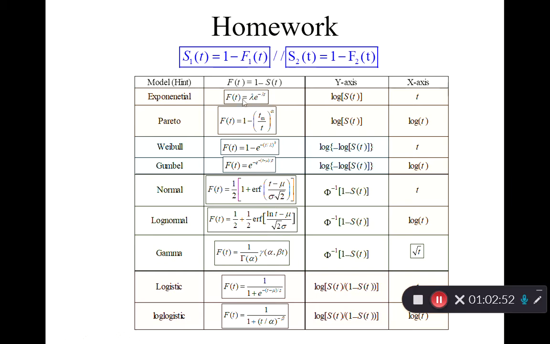This is your exponential function. So if you take 1 minus FT, you get your ST. Take the natural log of what you generate, and then plot against t, and you should see that log ST and t can be aligned.